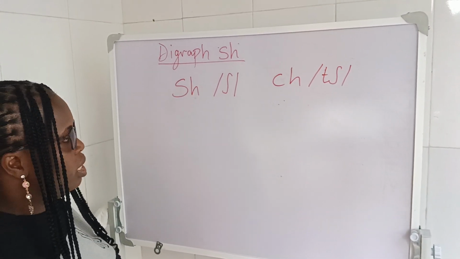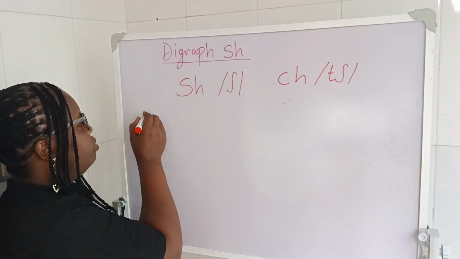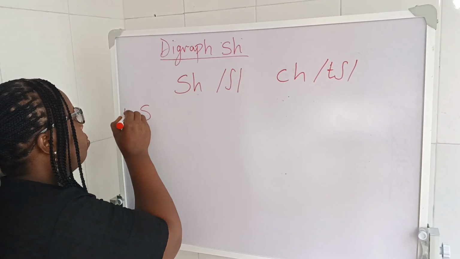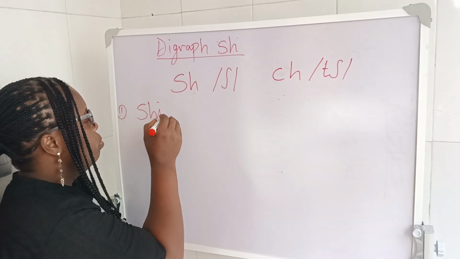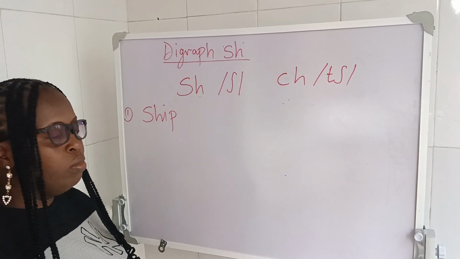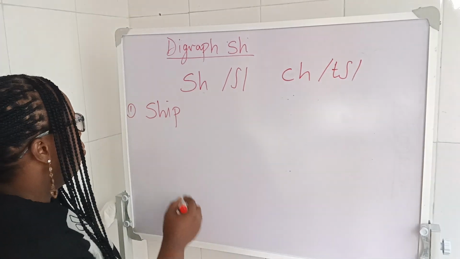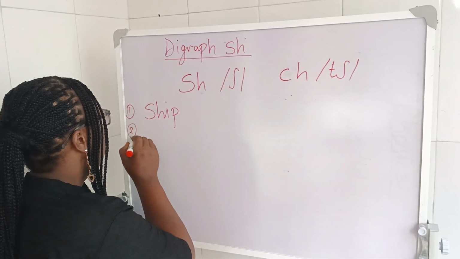Now let's look at the sounds. We have words under sh. We have sheep, and the sh is at the initial. We also have number 2, fish.